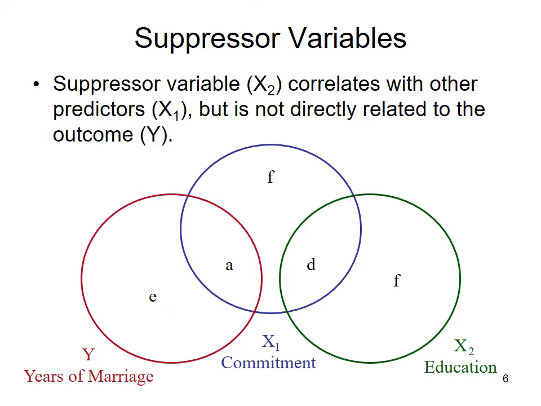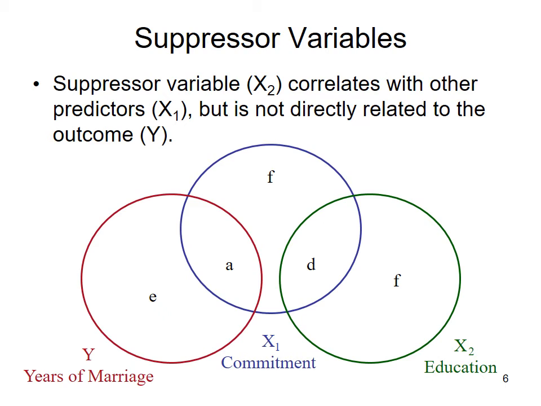And a lot of times how we can find suppressor variables is, again, looking at simple correlations. So if we run a simple correlation of years of marriage and commitment and find that they're significantly related, and we run a single correlation between commitment and education and find that they are significantly related, and we run a single correlation between years of marriage and education and find they are not related.